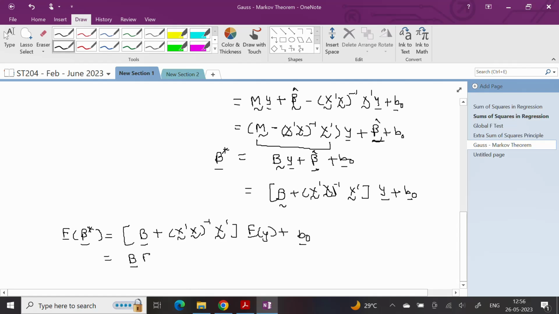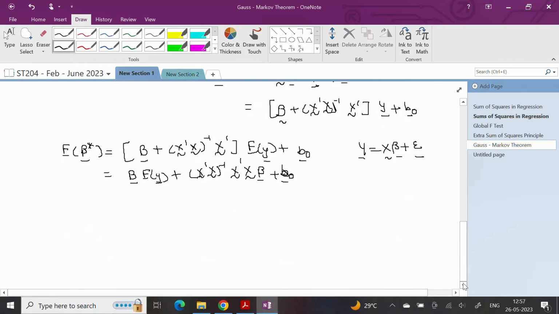So this will become b times expectation of y, plus x prime x whole inverse x prime expectation of y. Expectation of y we know is x beta under our model definition, plus b naught. Okay, our model definition says y equal to x beta plus epsilon, and hence expectation of y is x beta.